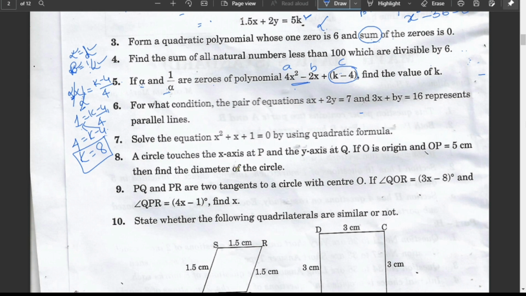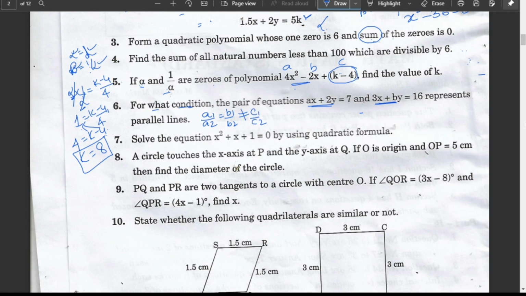Done. Then sixth question, find for what condition the pair of equations, these two equations, represent parallel lines. Okay, to represent parallel lines, a1 by a2 should be equal to b1 by b2 but not equal to c1 by c2.